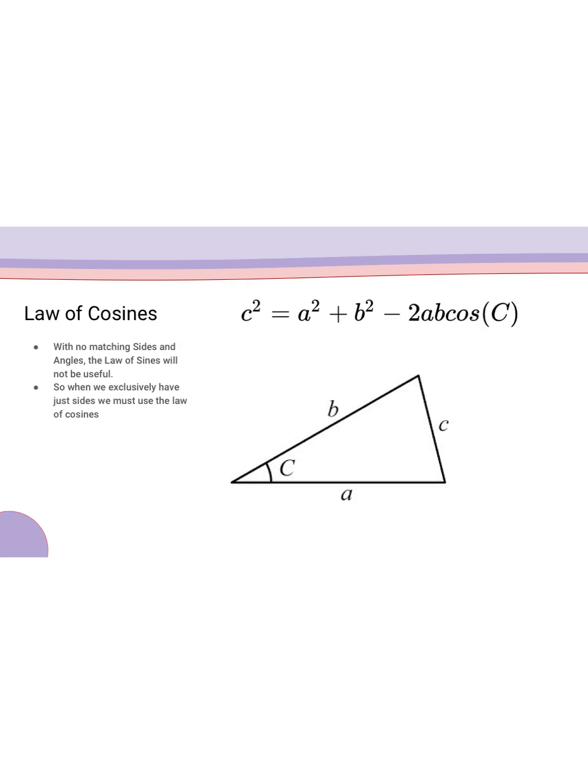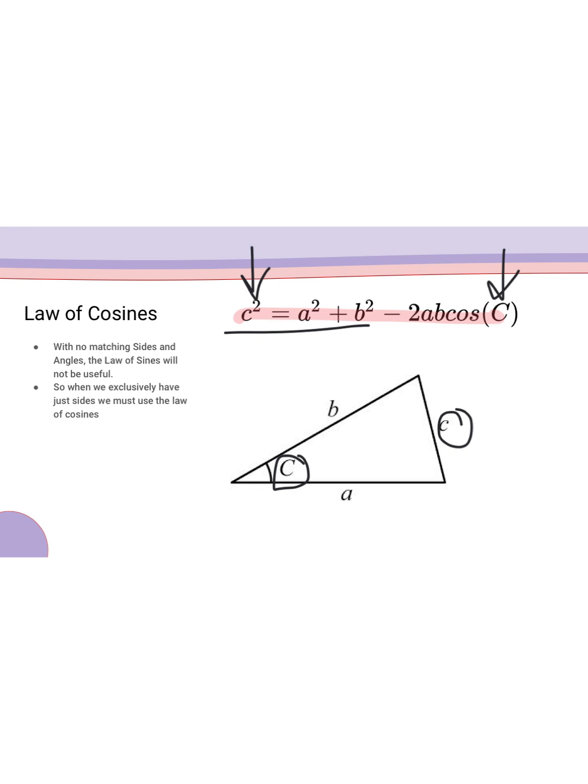Now one good thing about this is that you will not have to memorize this. It's not something that I feel is necessary to memorize, but you do need to know how each part of it works. So what's really important is that this big C and this little c refer to the angle and its corresponding side. You may see the Pythagorean theorem in here, and if you remember, C was the hypotenuse.